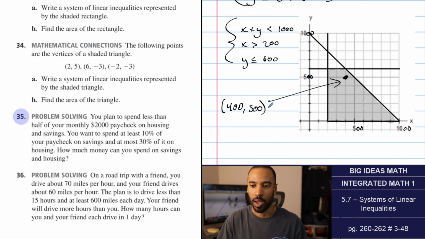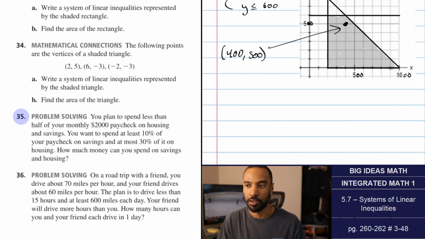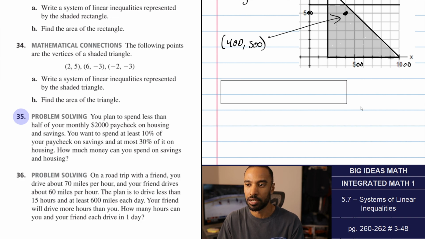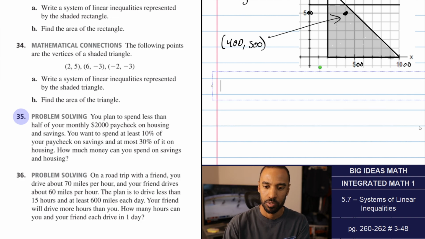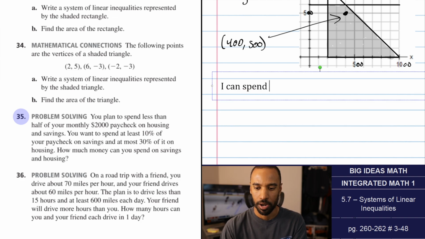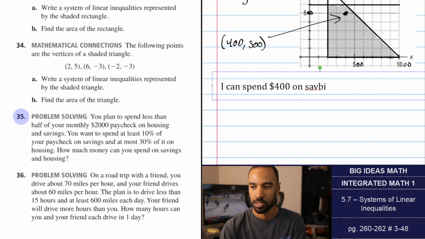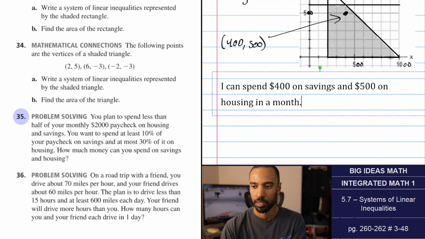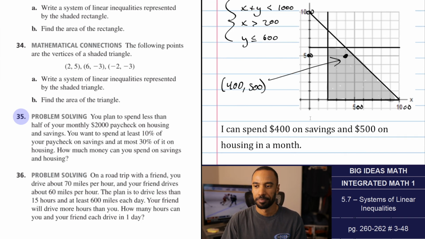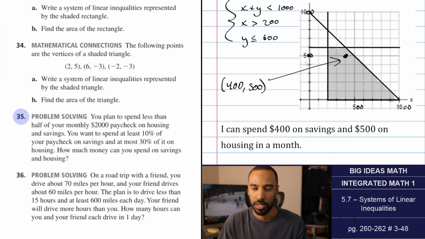So I could spend $400 on savings and $500 on housing, and this is in a month, and I'd be within my set. And I'm all good there. The graph tells me all that's good.